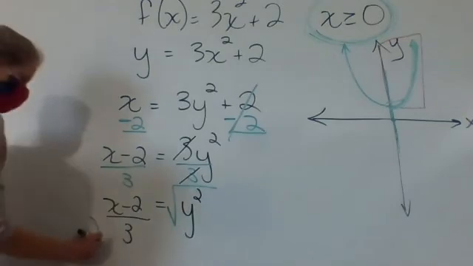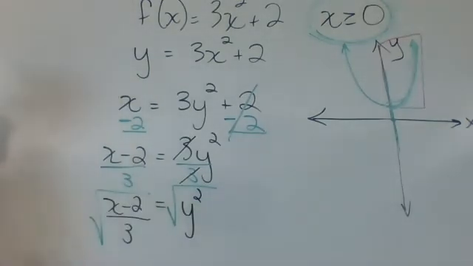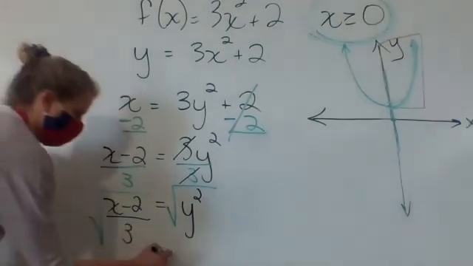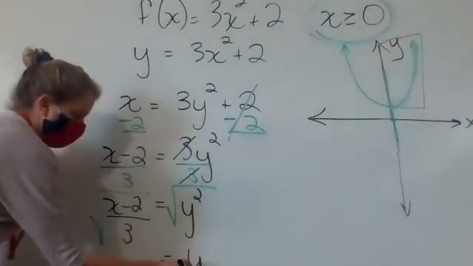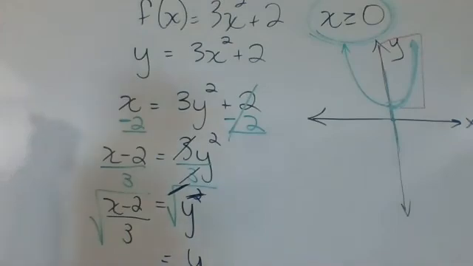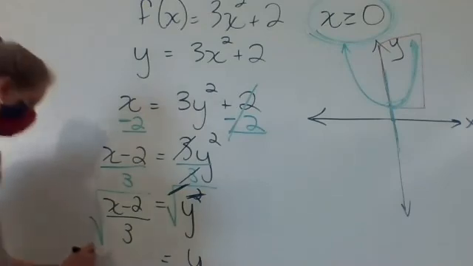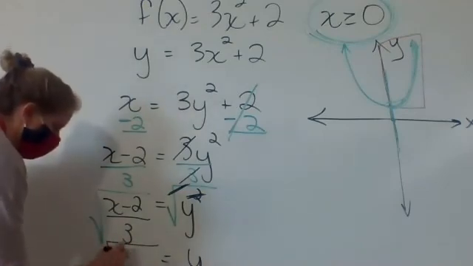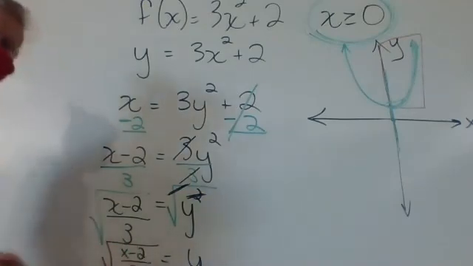If I do that side, I have to do that side. So again, the squared and the square root knock each other out. This whole thing over here, you just can't simplify that. That is your answer. Square root x minus 2 over 3.